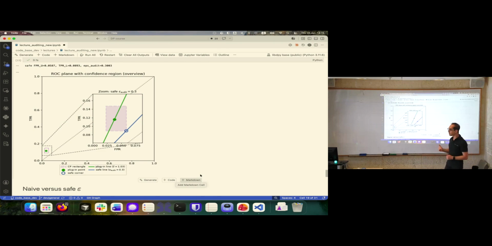Okay, what is the biggest claim I can say? Which one of them implies worse privacy? Further up or down, further right or left?